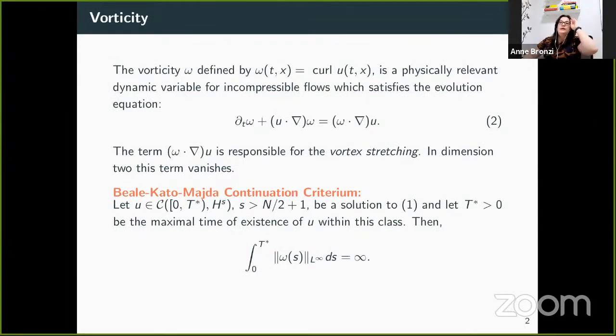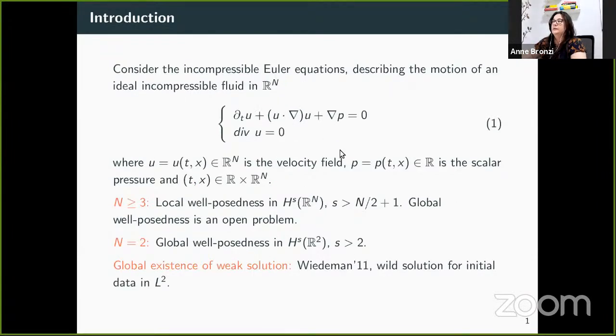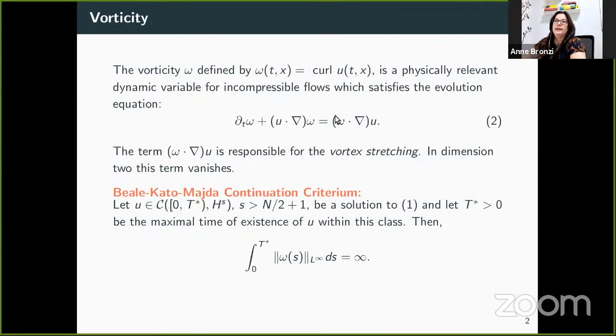Regarding the study of the Euler equations, there is this physical quantity, the vorticity, which is the curl of the velocity, and which plays an important role in the study of the solutions. If you take the curl of the equation for the velocity, this first equation here, we get this equation, the evolution of the curl of U. This is in 3 dimensions.